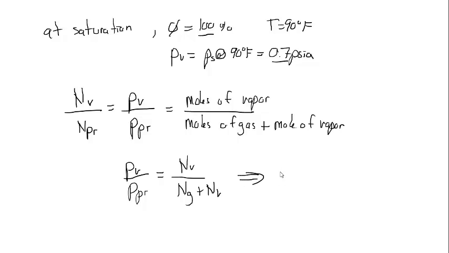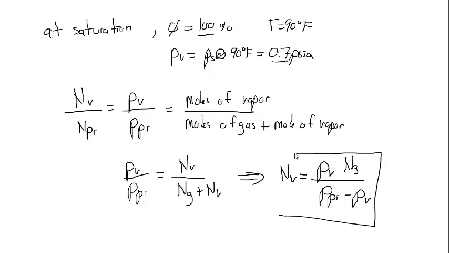If I take this equation and solve for number of moles of vapor, I get partial pressure of vapor times number of moles of gas over the pressure of the products minus vapor pressure. Okay?